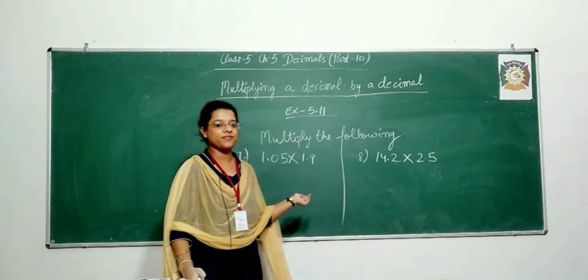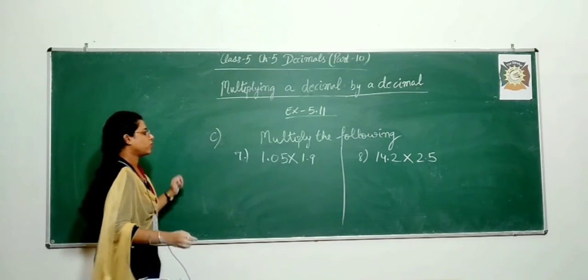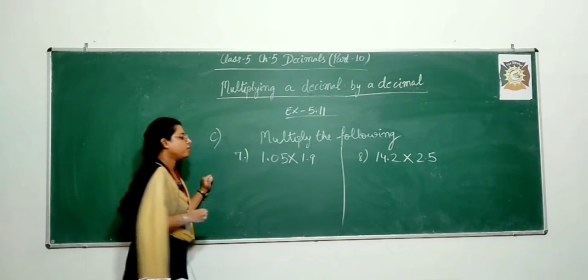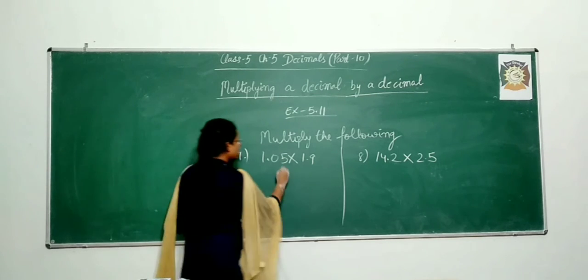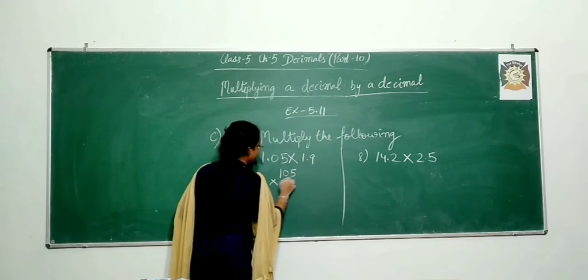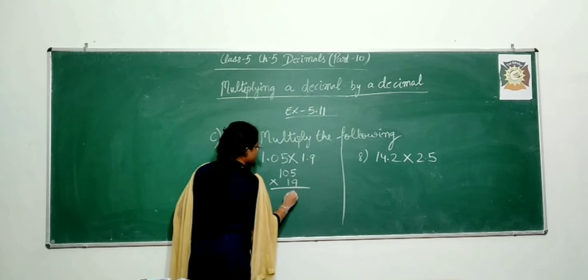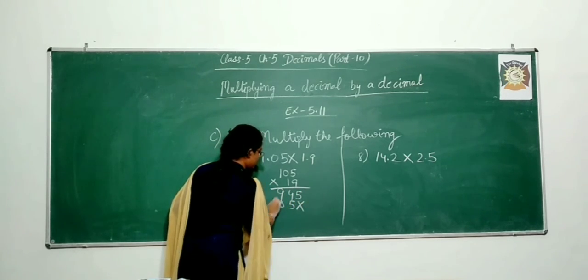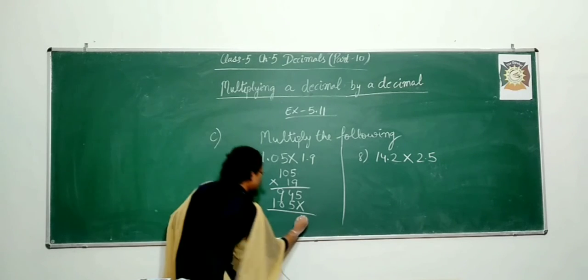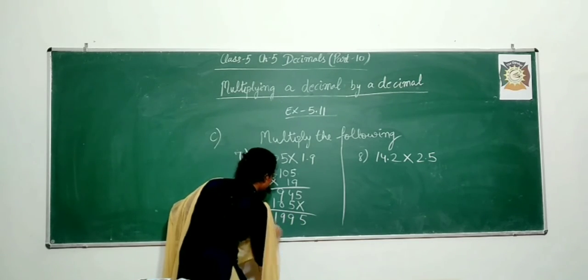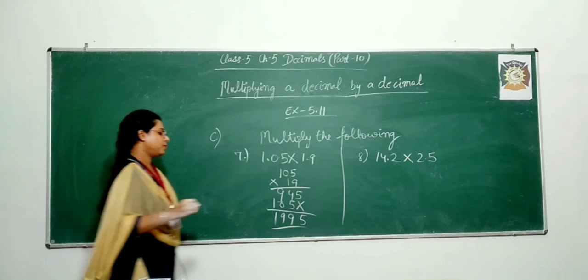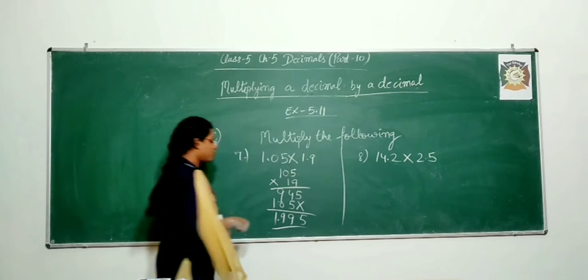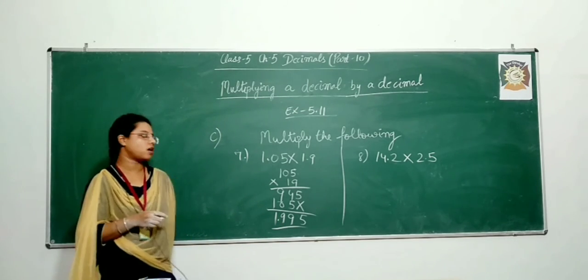Now I am going to do the 7th and 8th part also of this question. 7th part is 1.05 multiplied by 1.9. So let's multiply 105 with 19. You will obtain 1995 and decimal point will be placed after 3 positions moving from the right. So 1.995 is the answer.